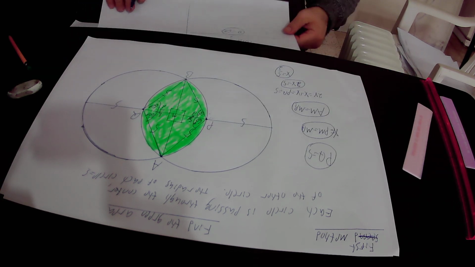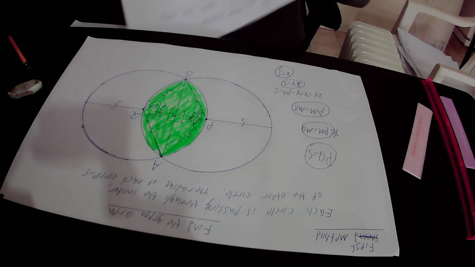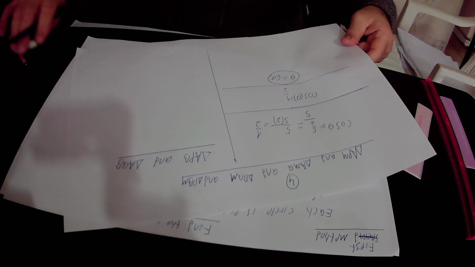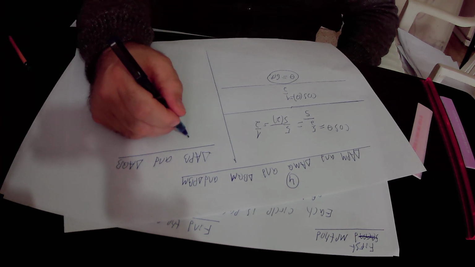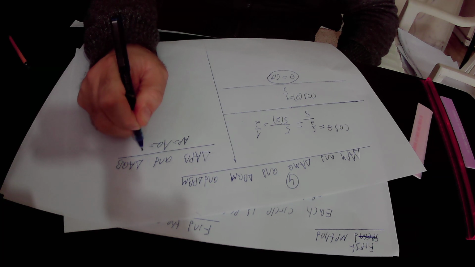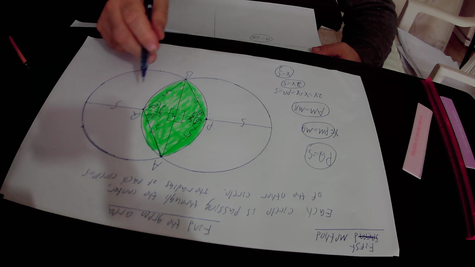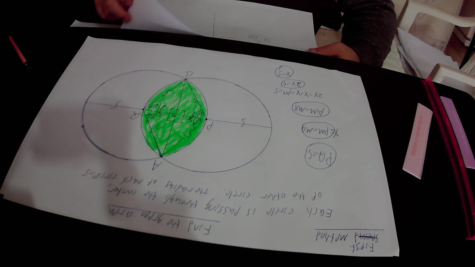On those two triangles, AP equals AQ equals 5 units. PB equals QB equals 5 units.